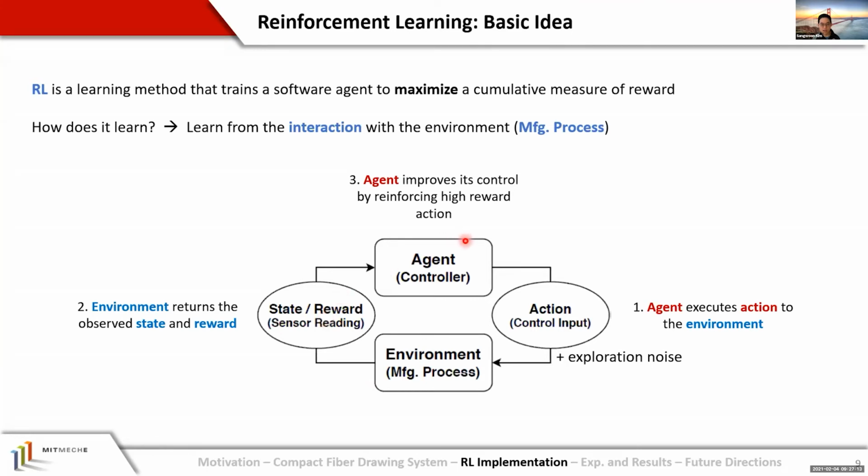Lastly, the agent will improve its control by reinforcing the high reward action. In other words, by the reinforcement, the agent will tend to take actions that are similar to the actions that resulted in higher reward in the previous data. This is why we call this method reinforcement learning.